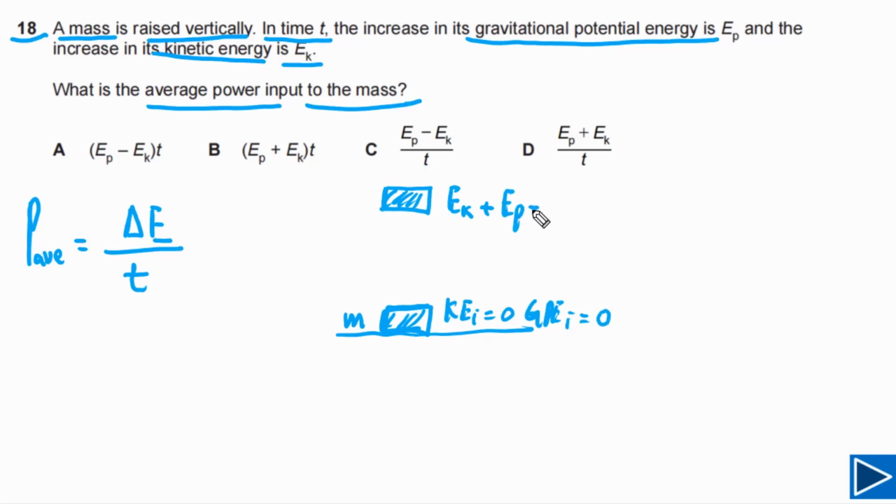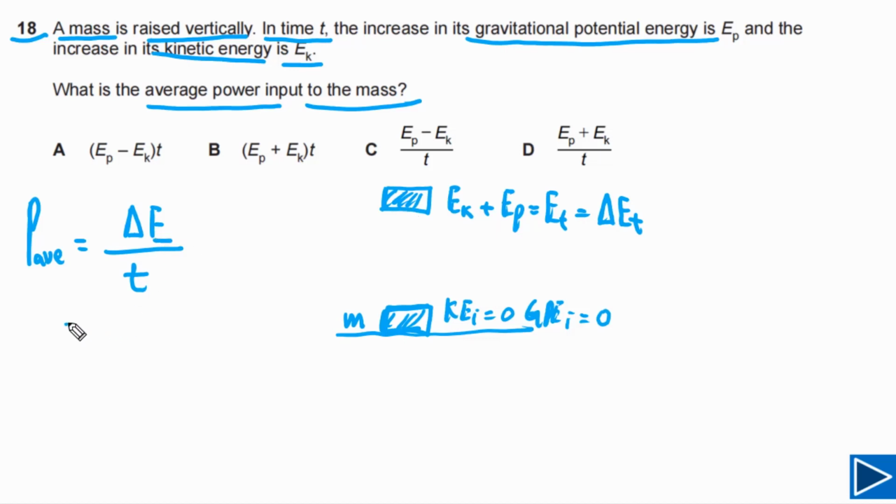So this is the total energy of the mass at this point, Et, and this is also equal to the total change in energy of the mass, delta Et. So initially 0 and the final is Ek plus Ep. This is equal to the change in energy of the mass.